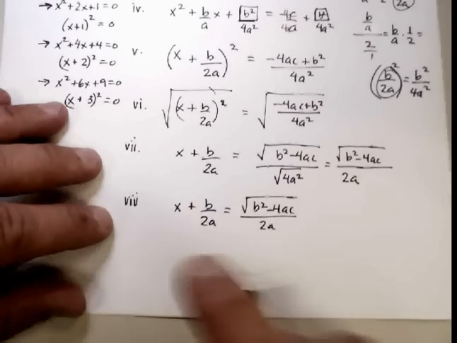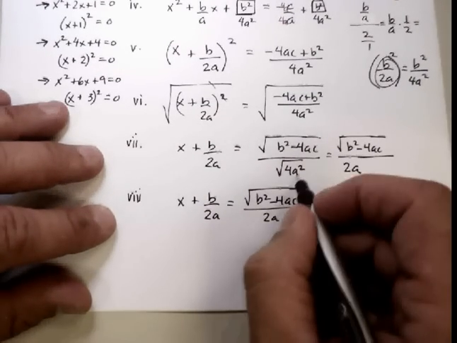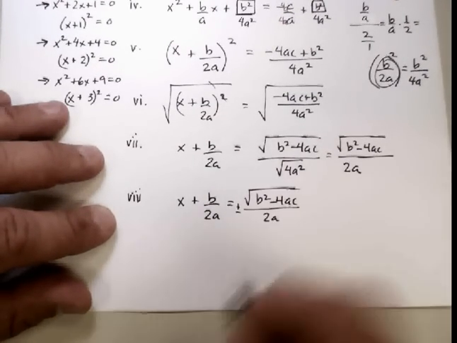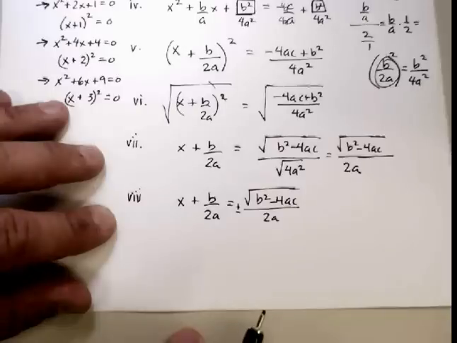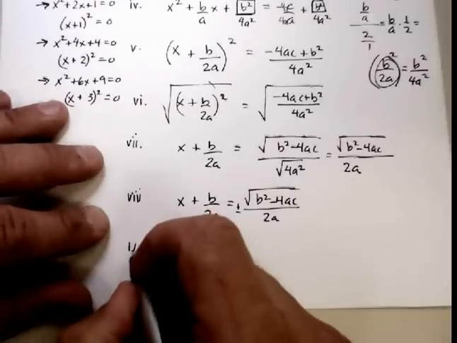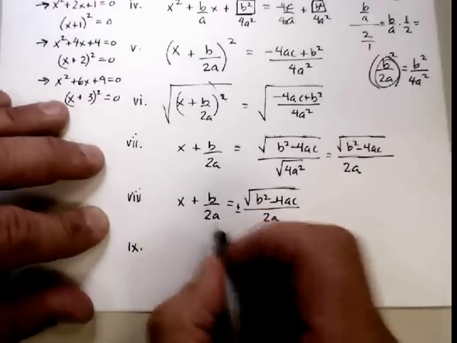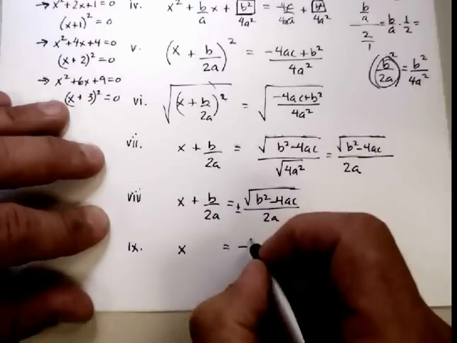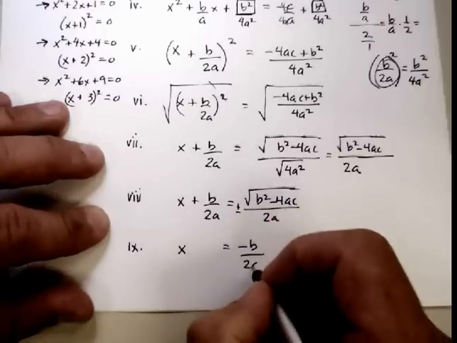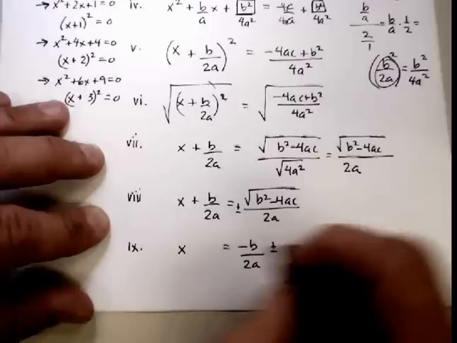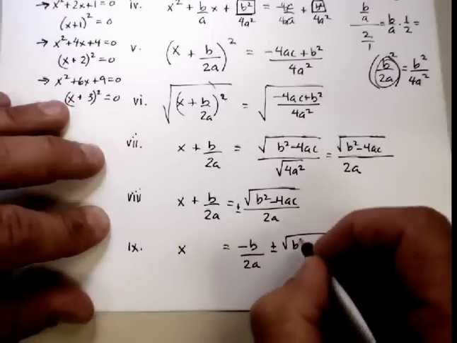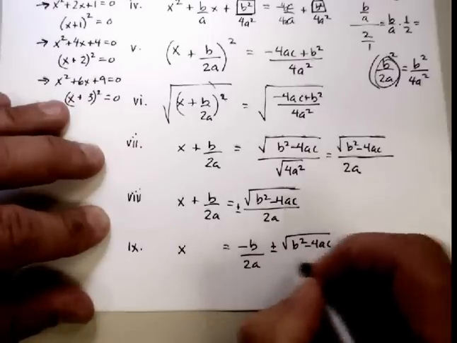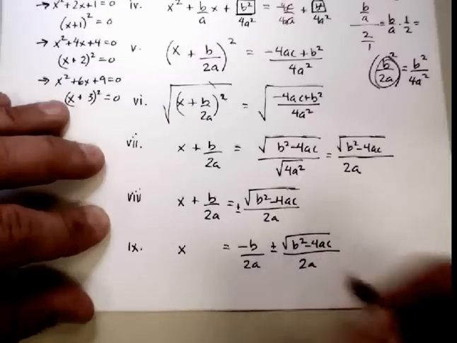Our answer is almost here. By the way, when you take the square root of something, don't forget you get the plus and the minus value there, all right? We're almost done. Step 9. Let's subtract b over 2a from both sides, and you end up with x is equal to negative b over 2a plus or minus the square root of b squared minus 4ac, again all over 2a.